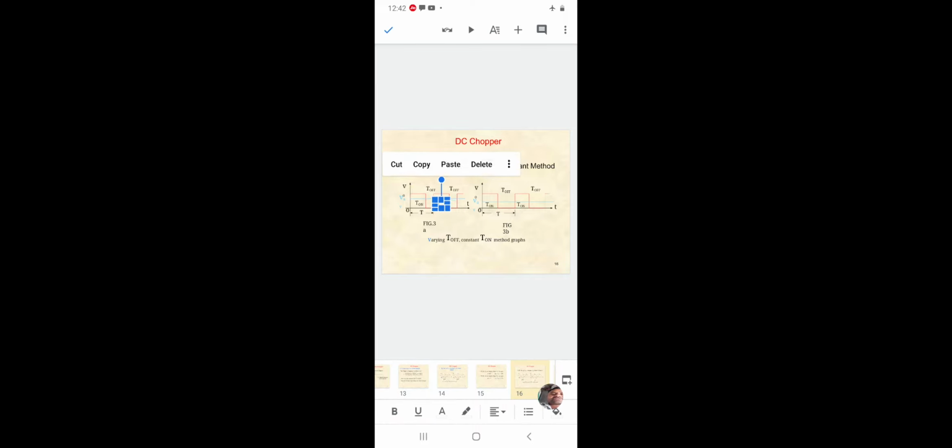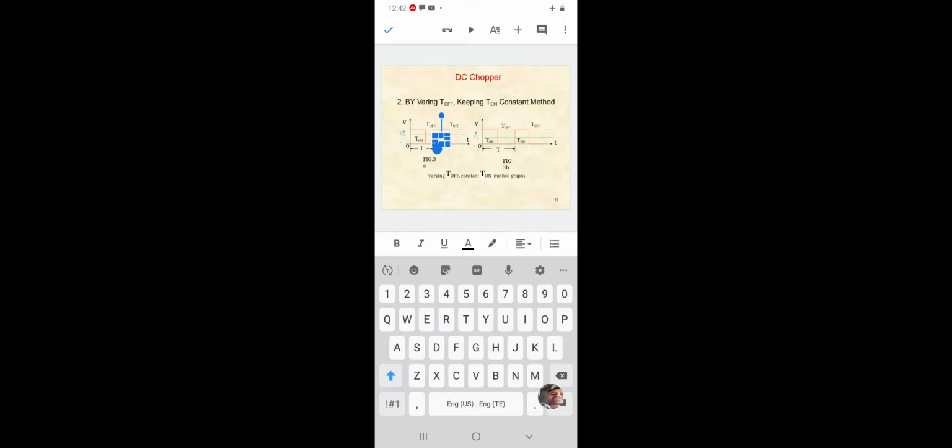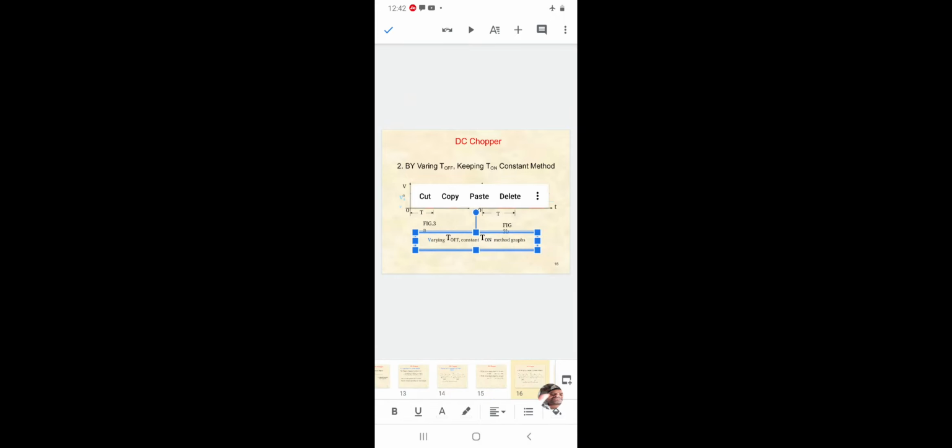In figure 3a, the on time period is constant and the off time period is varying. The alpha value is 0.6 for figure 3a, and alpha equal to 0.45 for figure 3b.